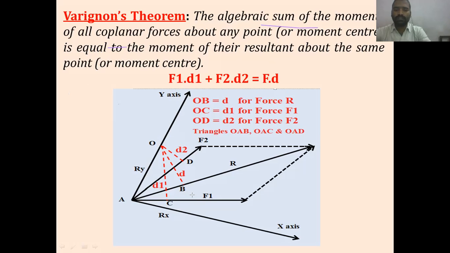So whenever you consider any system of coplanar forces, the moment of all those forces about the moment center is equal to the moment of the resultant of those forces about the same point.